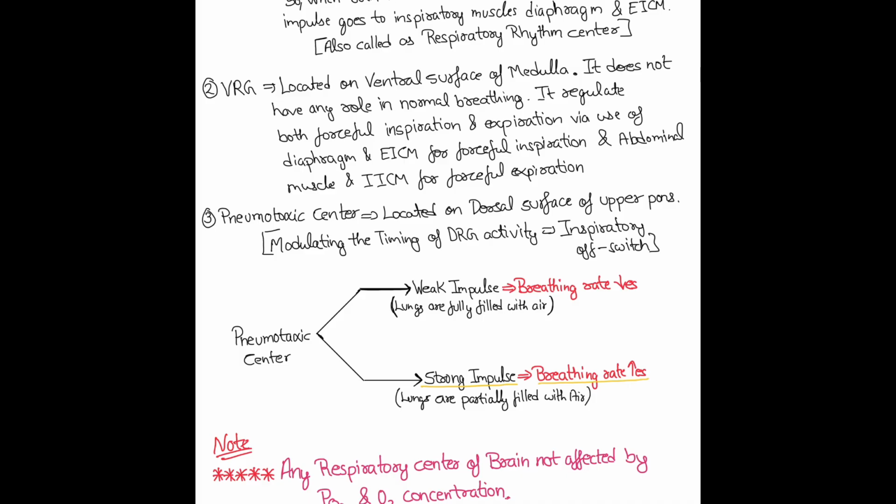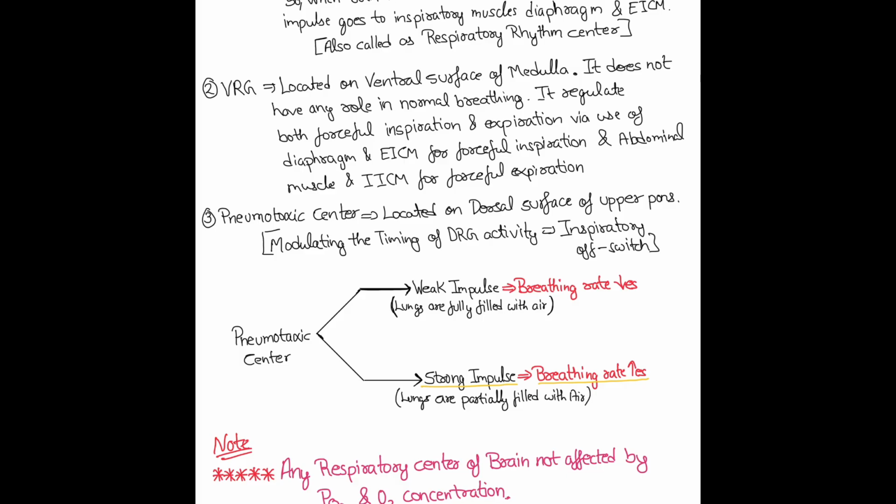your breathing rate increases. How? Because there is a strong impulse, the DRG stops inspiration fast. Like if breathing stops within 2 seconds, then in a minute the breathing rate increases to 12 to 15.